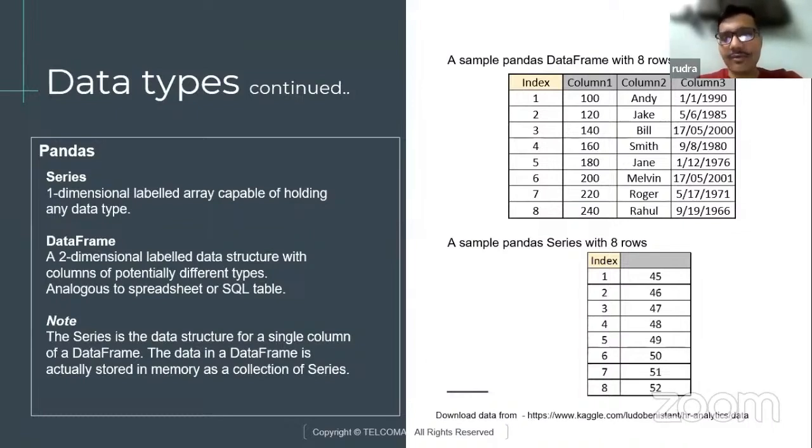That is, they have a list of columns, column 1, column 2, and column 3, and also a list of your index or rows. These rows 1, 2, 3 are basically rows. So a pandas data frame is defined as a data structure having 2 dimensions, that is, one is a row and one is a column. This data structure that is storing a list of rows and a list of columns alongside each other is referred to as a data frame.